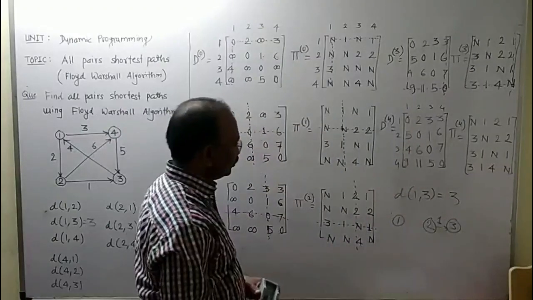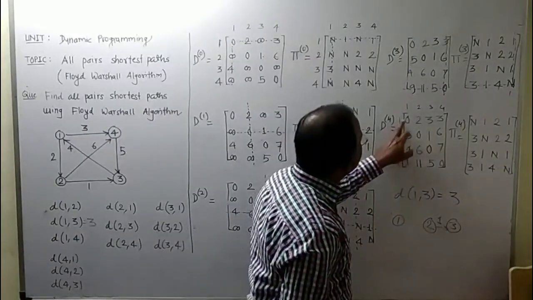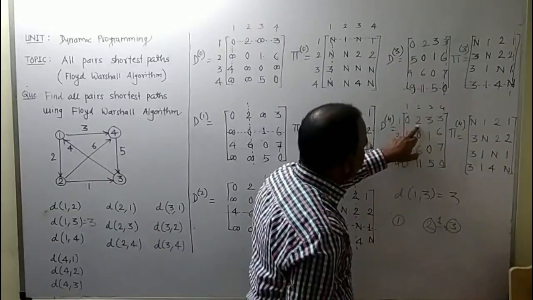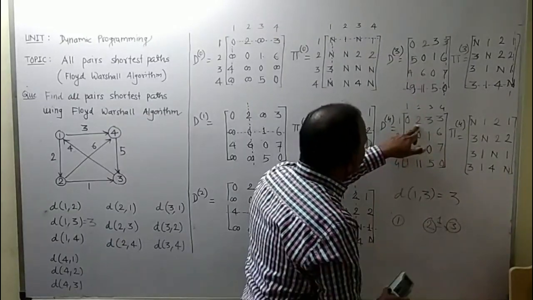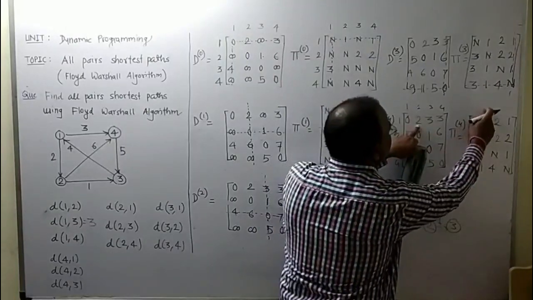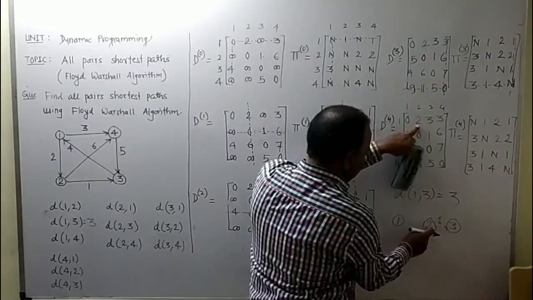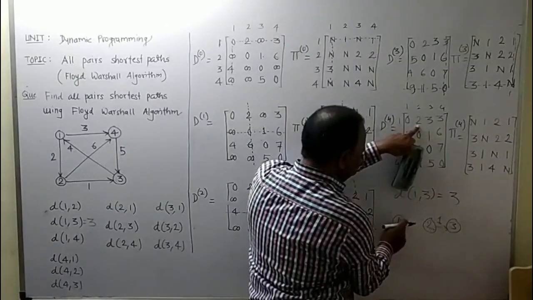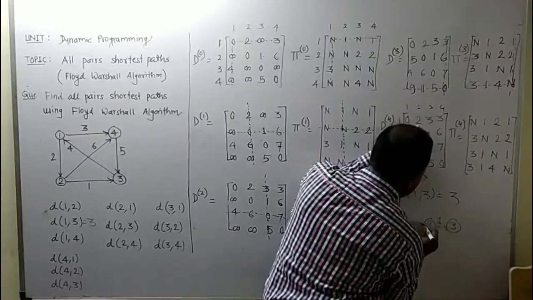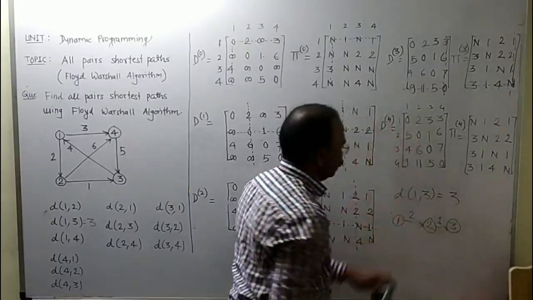Now then 1 to 2, so here 1 to 2 is nothing but 2, and in the pi 4, 1 to 2 means the 1. This 1 is nothing but the predecessor of the 2, means there is a direct connection. And the distance between 1 to 2 is nothing but the 2.